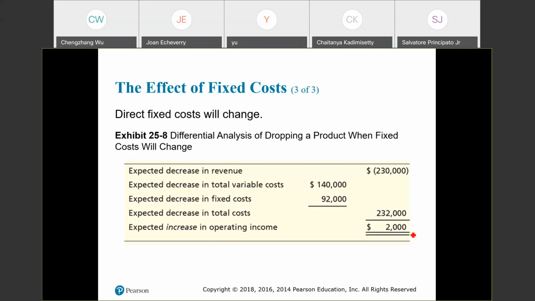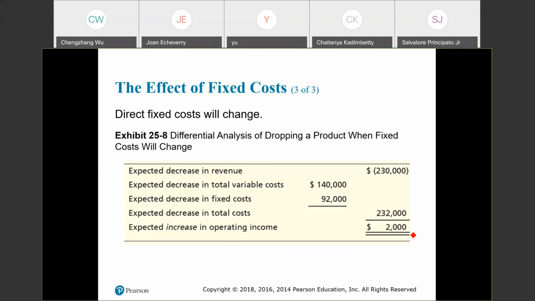If the product line is dropped, the lease on this facility can be terminated, and the company will be able to avoid all the fixed costs except $3,000.